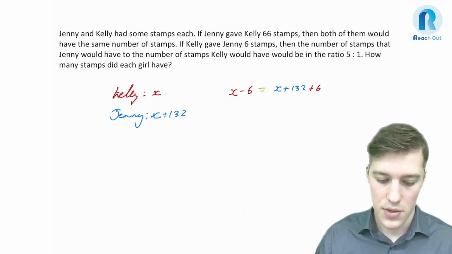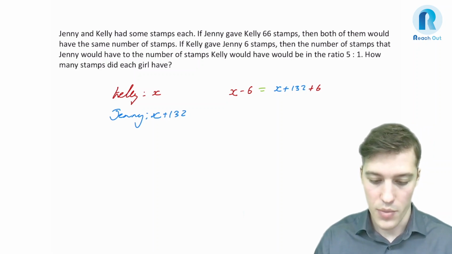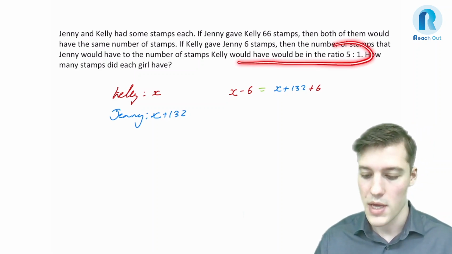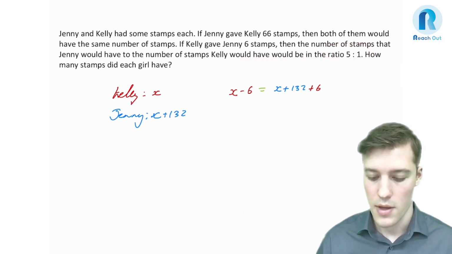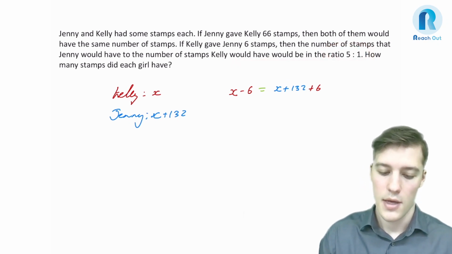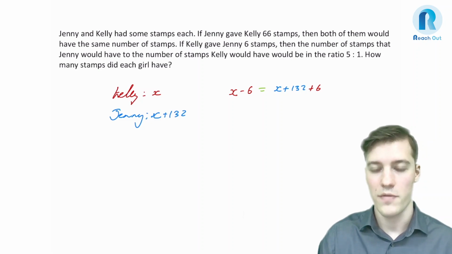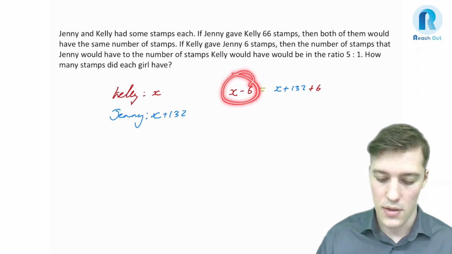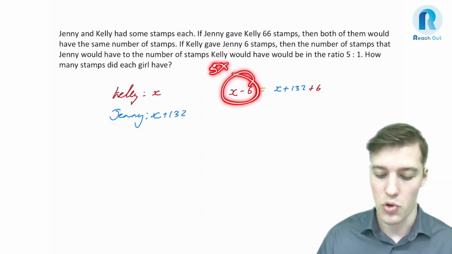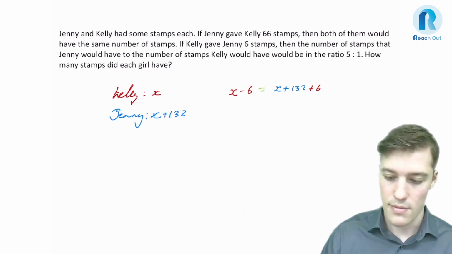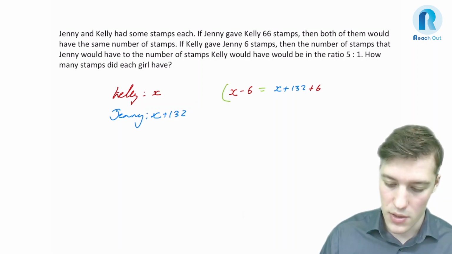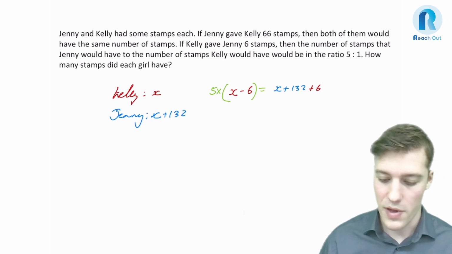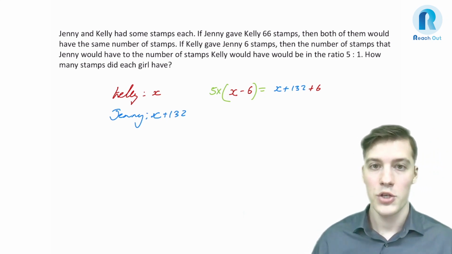And the last piece of the puzzle here is that this would be in the ratio of 5:1. So that means that, again, Jenny's stamps would be 5 times that of Kelly. So what I'm going to do to Kelly's stamps is just multiply it by 5. Great, so I'm going to take this, multiply it by 5. So my equation is set up.